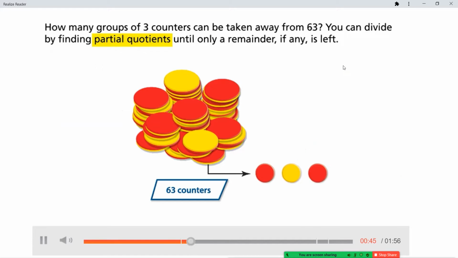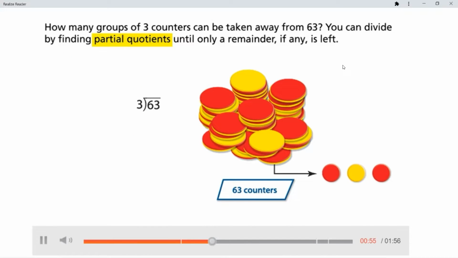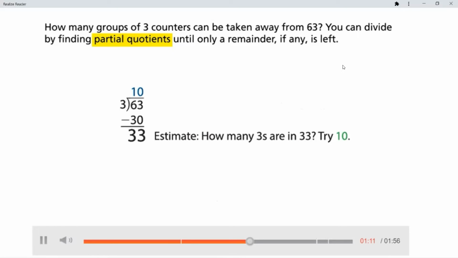How many groups of 3 counters can be taken away from 63? You can divide by finding partial quotients until only a remainder, if any, is left. How many 3s are in 63? Try 10. 10 groups of 3 is 30. 63 minus 30 equals 33. How many 3s are in 33?